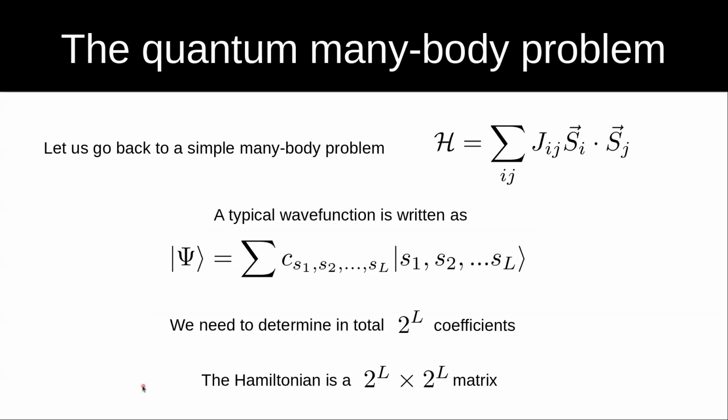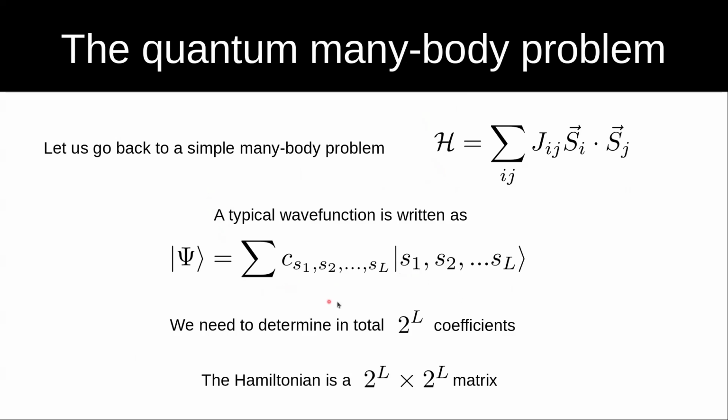Okay, so for us, the objective is simply to take this Hamiltonian and write it in the many-body basis that has 2 to the L elements. And once we have the Hamiltonian in this many-body basis, we try to find the ground state and perhaps some excited states. The ground state or excited state is written just as a linear combination of the different elements of the basis.